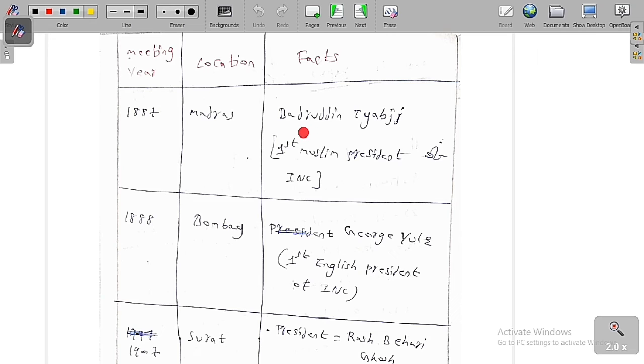Here Badruddin Tyabji was the first Muslim president of the Indian National Congress. In the next meeting, 1888, it was held in Bombay. Here, George Yule was the first English president of the Indian National Congress.